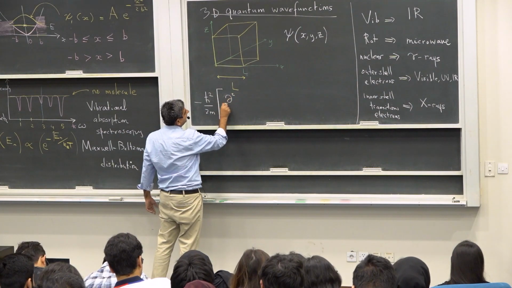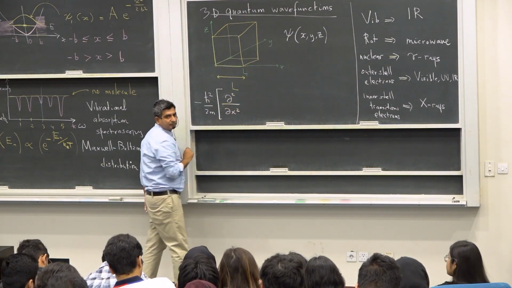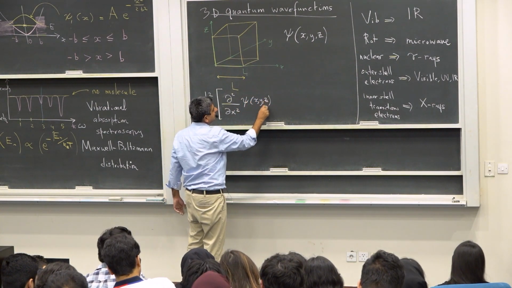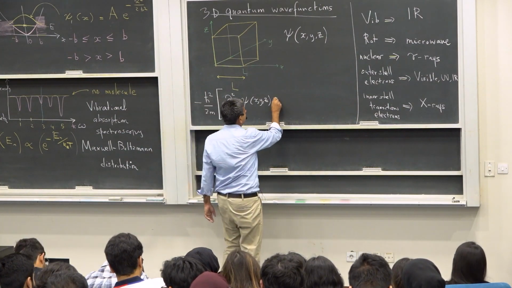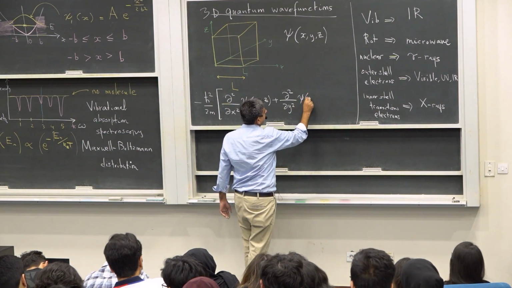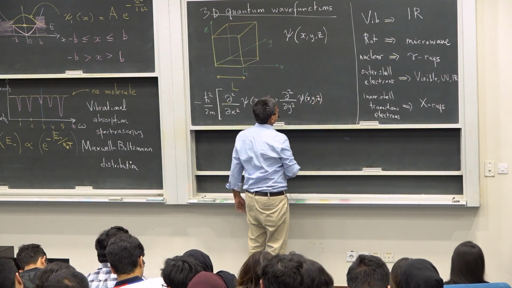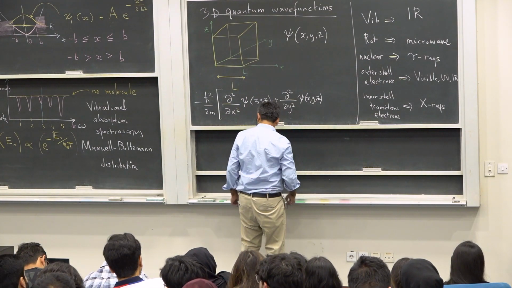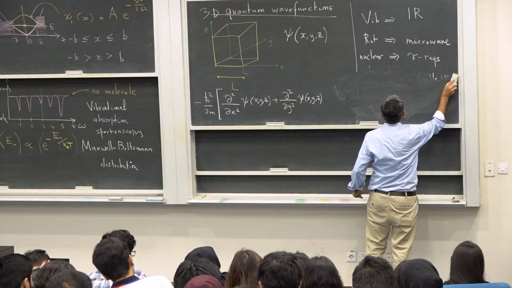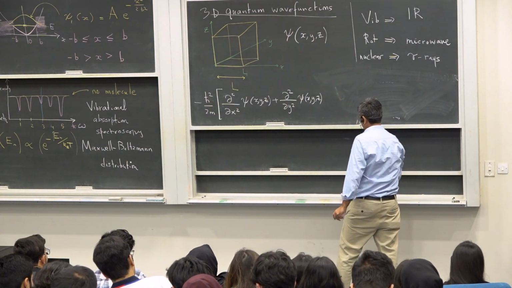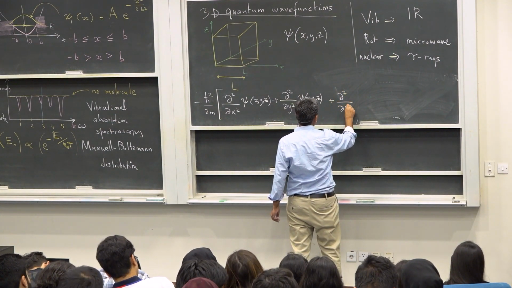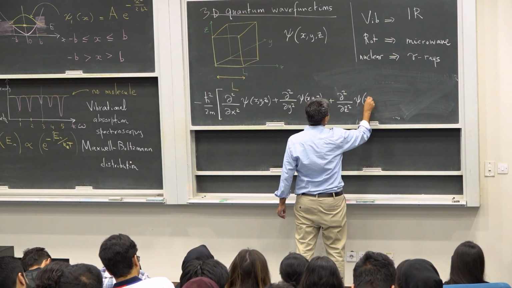Now I use partial derivatives: a double derivative with respect to x, followed by a double derivative with respect to y, plus a double derivative with respect to z of the total wave function.